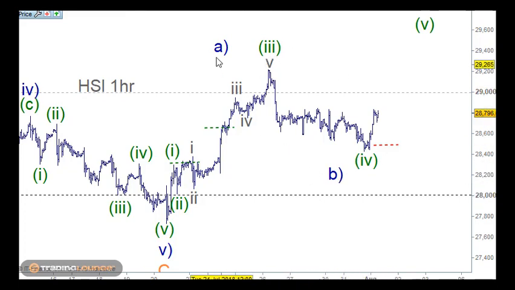So what I've done is brought in a change that would make this move up here become a corrective rally. So I'm going to put wave A here and wave B here. It still means that we're going to be going up higher here, but it's probably more likely that we're in a corrective rally here. This move down through here appears to be corrective.